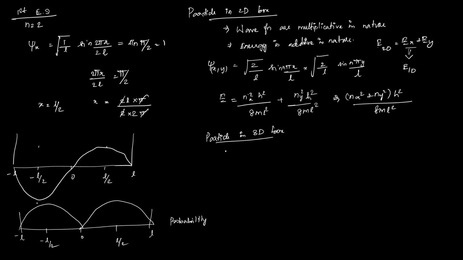Your particle in a 3D box comprises x comma y comma z, because now we represent it in three different directions.